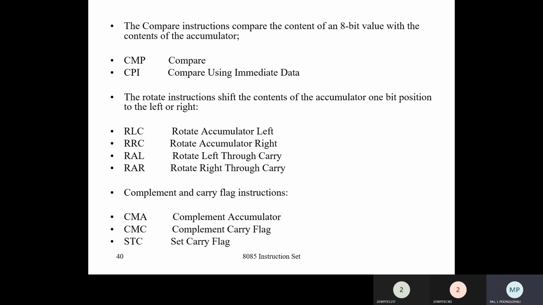The result will be 0, right? So if my net result is 0, the zero flag becomes 1. If the zero flag is 1, it considers that the numbers are equal. So there are three conditions. If the zero flag is set, the numbers are equal.